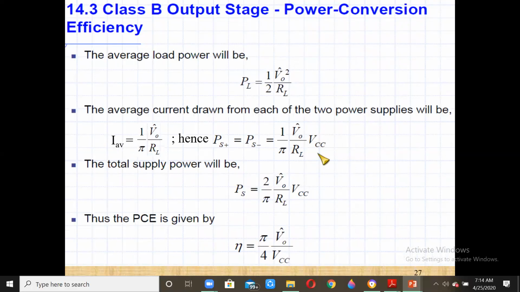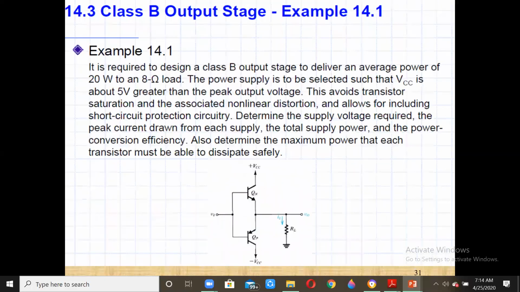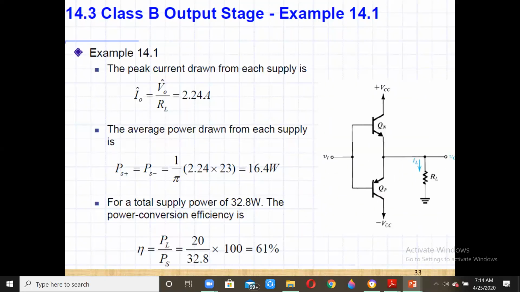So it will be 1 by pi times 2.24 into 23, which gives 16.4 watts. This is PS minus and PS plus.